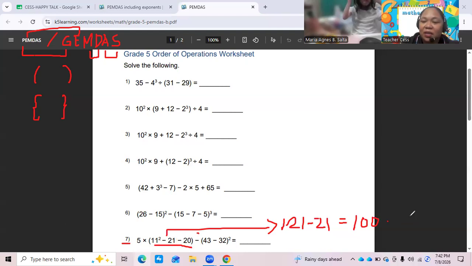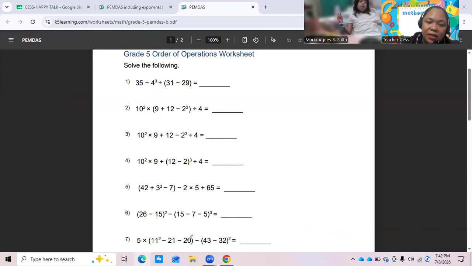So that would be 80, right? Am I right? Okay, so meaning, the first set of numbers inside the parentheses is equal to 80.